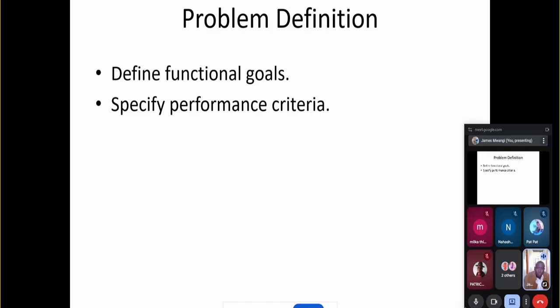Define the functional goals and you specify performance criteria. This bridge that we build should be able to carry 1,000 cars up to maybe 1 million tons without failing. So you are specifying the performance criteria.